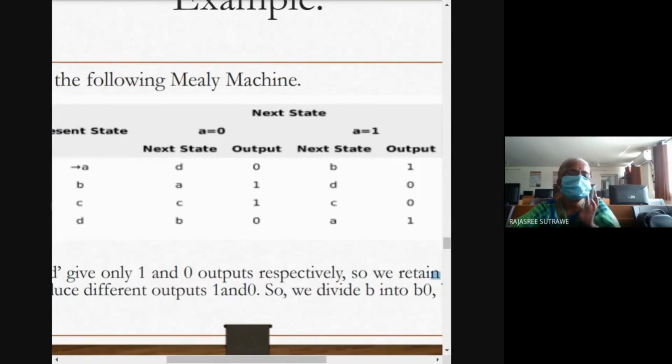With different output we are dividing the state into two parts. Output 0, output 1. If you have three outputs, B0, B1, B2, like that we can write it. So based on the output what we are having, if they are different. Here we have B is equal to 0, but here we have B is equal to 1. That's why there are two outputs. Like that we are taking it. Okay? Fine. Is this clear?